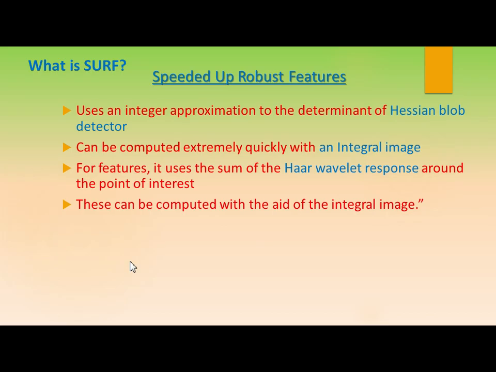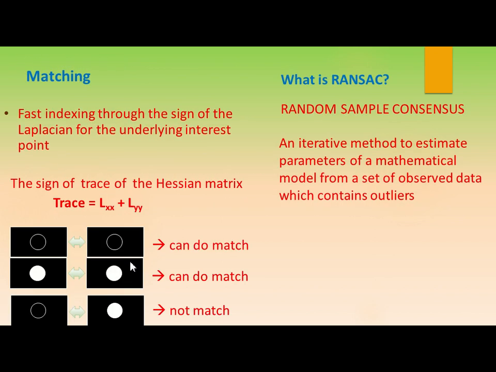And what is SURF? Speeded Up Robust Features. It is an integer approximation to the determinant of the Hessian blob detector, and it can be computed using the integral image. The features are found by high wavelet response, and we do the matching by the Hessian matrix trace, Lxx plus Lyy, where Lxx is the Laplacian of Gaussian of the image.